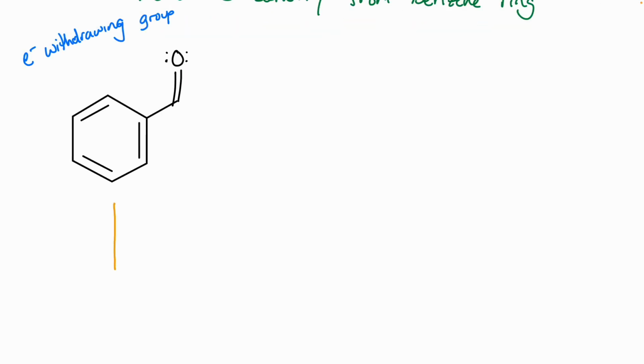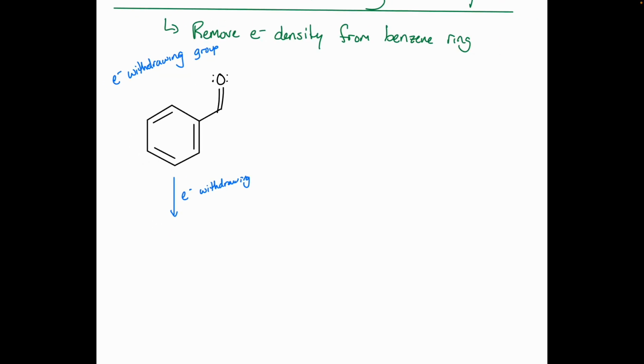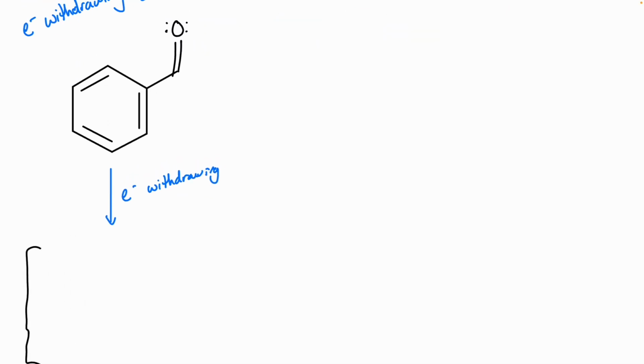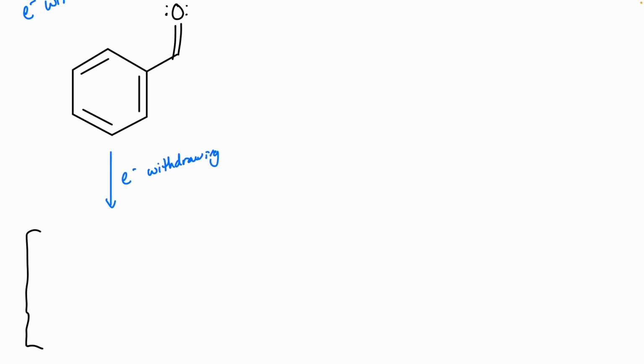Okay. And so if we show it doing this electron withdrawing with our resonance structures, again, you're just going to kind of trust me that these are the structures that we get. What happens is this pair of electrons that's in this ring is going to jump out of that ring. It's going to get pulled away from that ring.